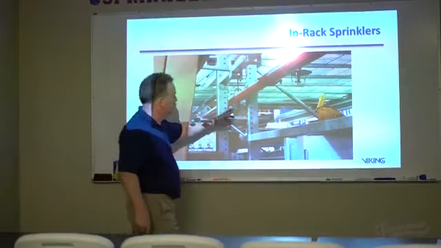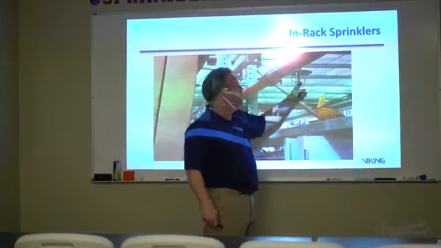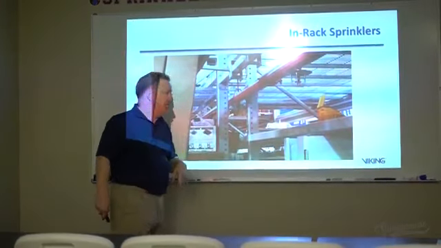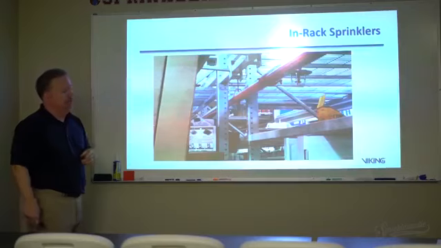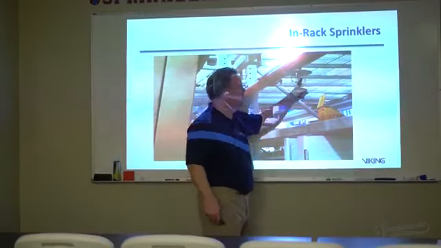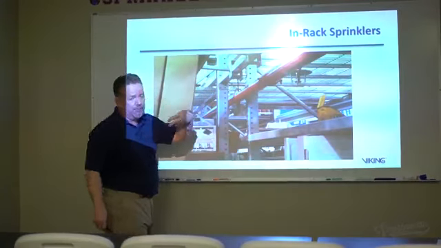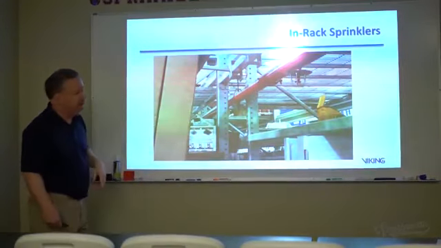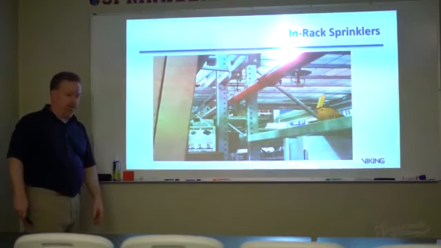You want to have a guard around them so they don't get damaged, and it's not necessarily required, but it's important to have a water shield over the top so that you don't have to spray from above. That's not a heat collector, because there's no such thing as heat collectors. Cold soldering are in-rack sprinklers.